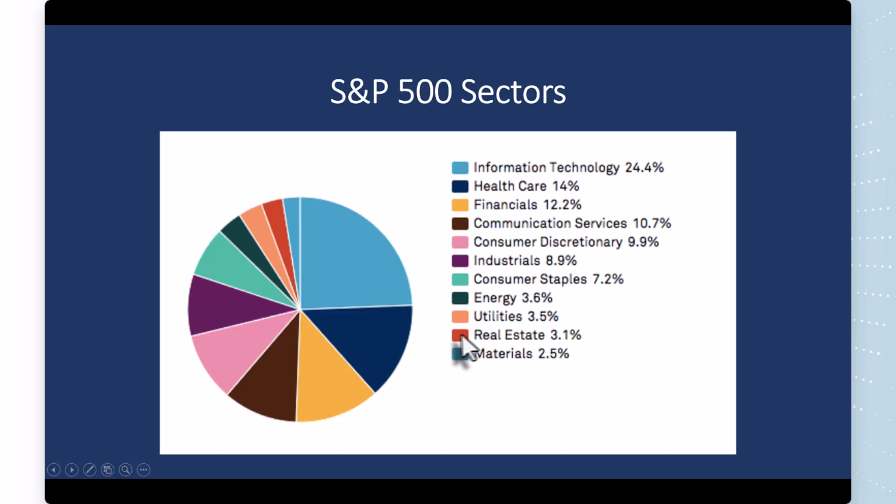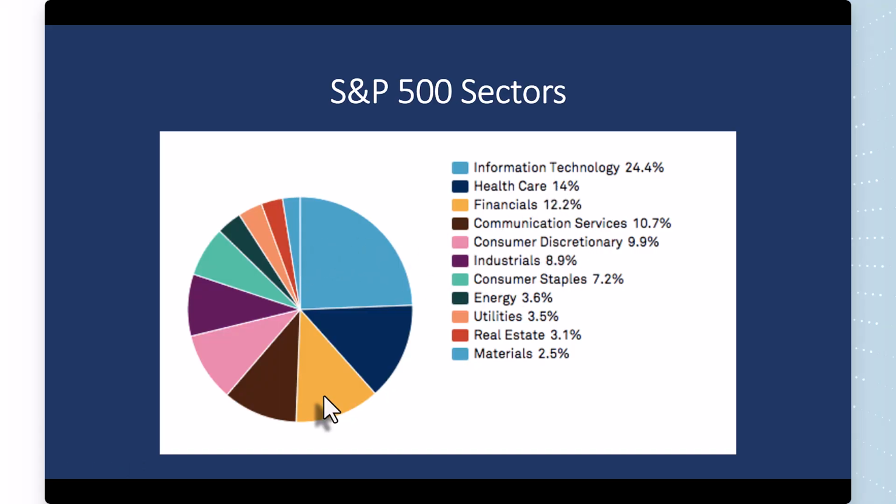They're provided as a representation to show you that you are going to have way more stocks to pick from in the IT sector than you're going to find in, say, the real estate sector or the utility sector. So when you start scanning for specific companies in those smaller sectors, you're not going to have nearly as many to pick from as you would from IT or health or financials.